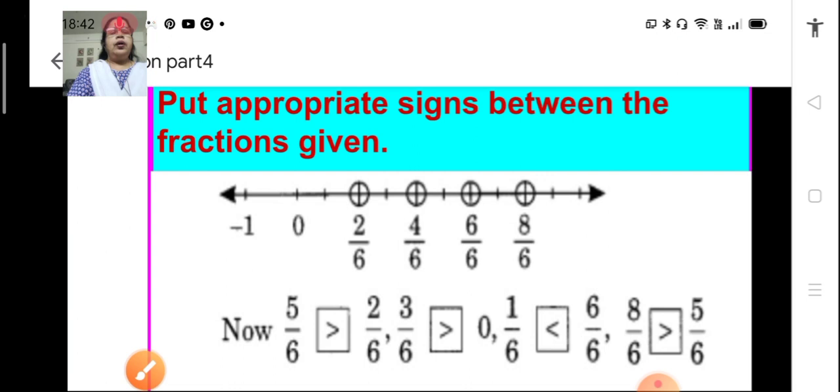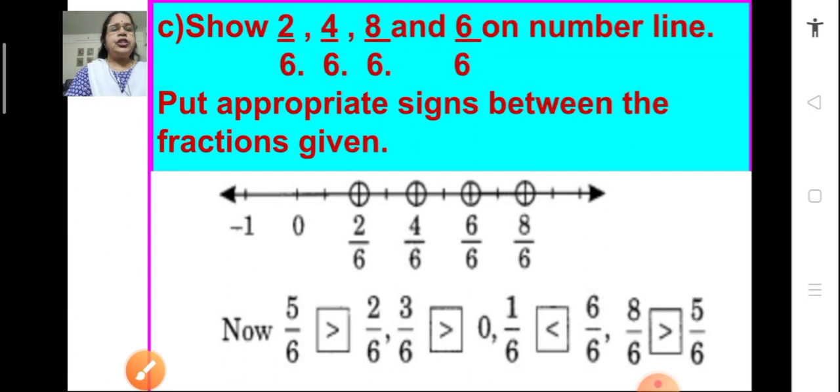Now we have to put the greater than or less than sign. So 5 upon 6 and 2 upon 6, which is the greater one? We have the same denominators. So the numerator 5 is greater than 2. So 5 upon 6 is greater than 2 upon 6. Similarly, 3 upon 6 is greater than 0.